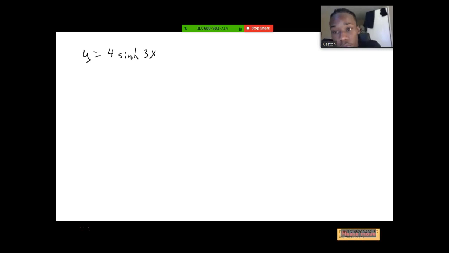Y is equal to 4 sine 3x minus 5 e to the minus 3x. Now, they claim that is a solution to this differential equation in example 7.